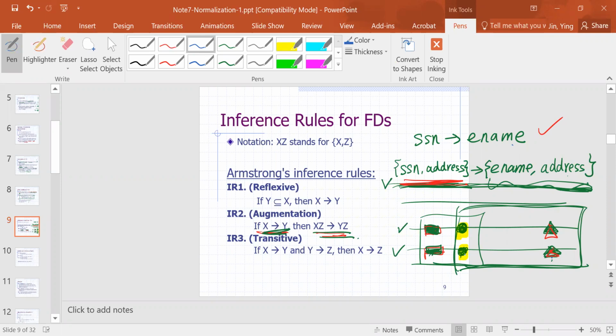And the address part actually crosses the two parts, both on the left and on the right. So we already know on the left side, if they are the same, then on the right side, they are exactly the same thing, right? So that's why they are the same. So the same SSN and the same address will guarantee you have the same e-name and the same address.